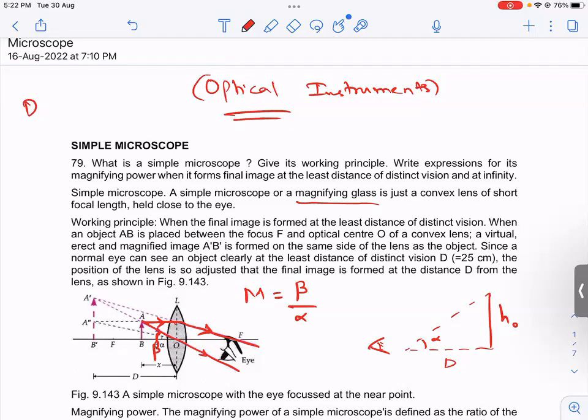So when the angles are small, what approximation can be done? You can write beta as tan beta and alpha as tan alpha.